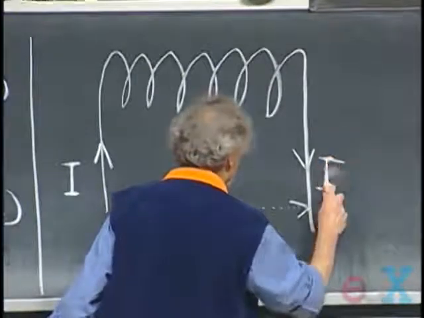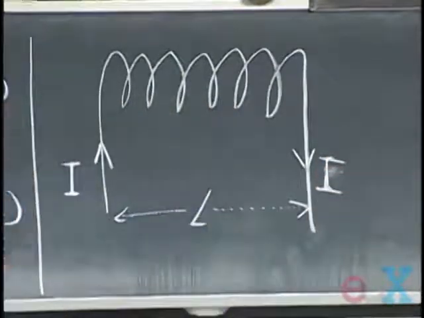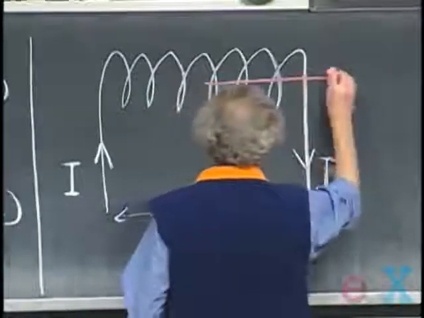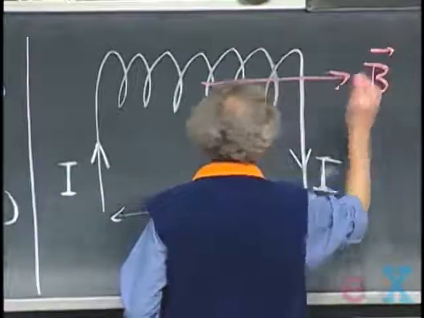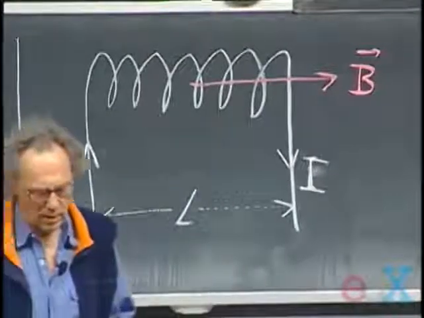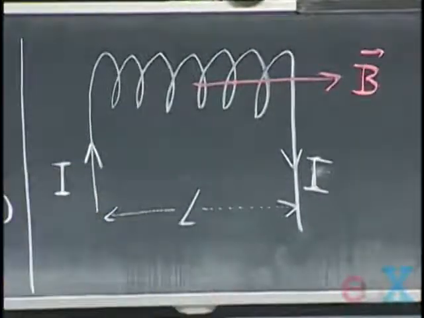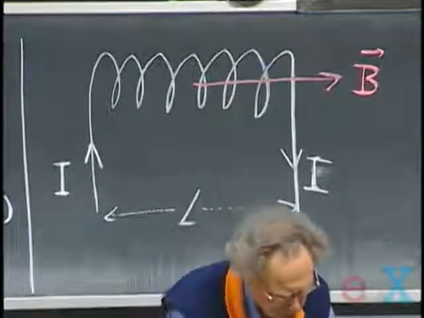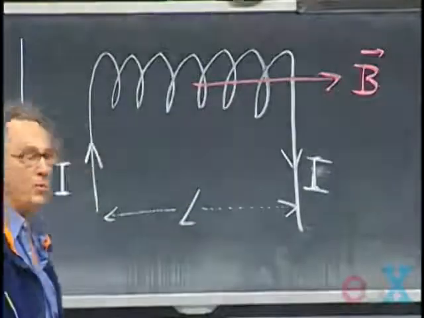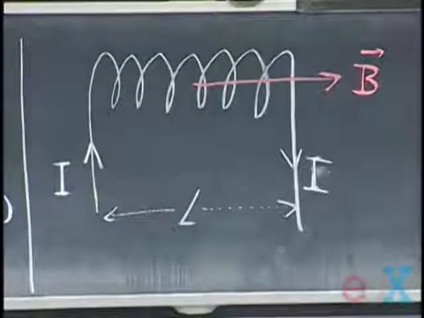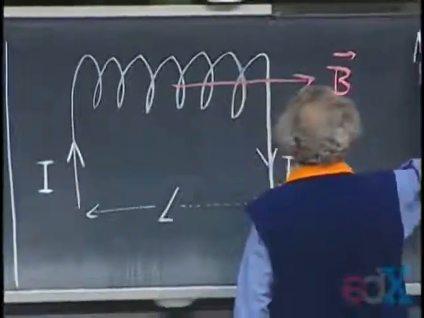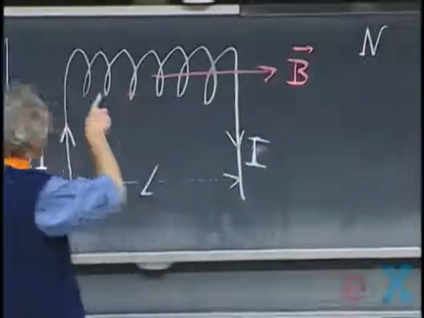I assume that, if I look from the left side, the windings are wound clockwise, so I know that the magnetic field is then in this direction. I make the assumption that the magnetic field outside the solenoid is approximately zero. I will show you later with a demonstration that that's a pretty good approximation. And so the question now is, what is the magnetic field there? I assume I have capital N loops, N windings.